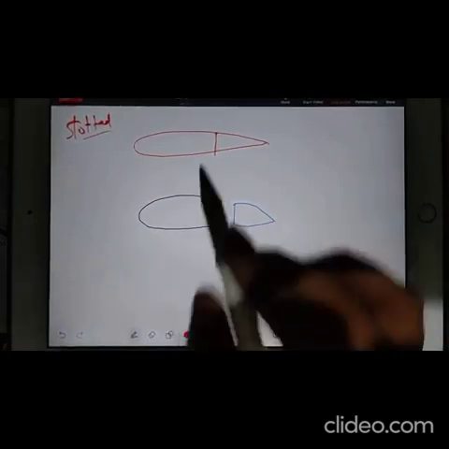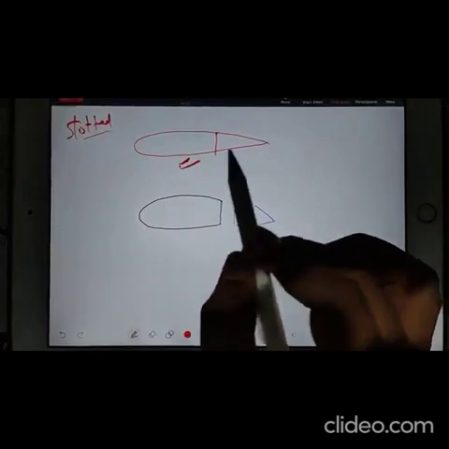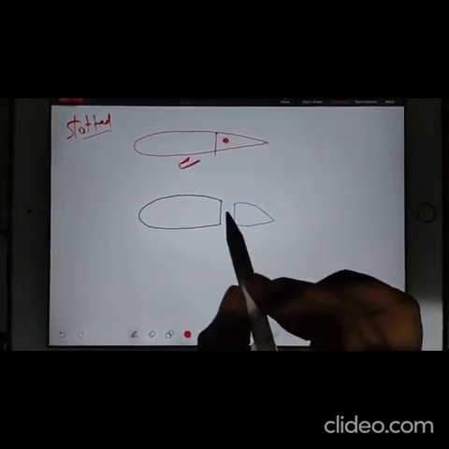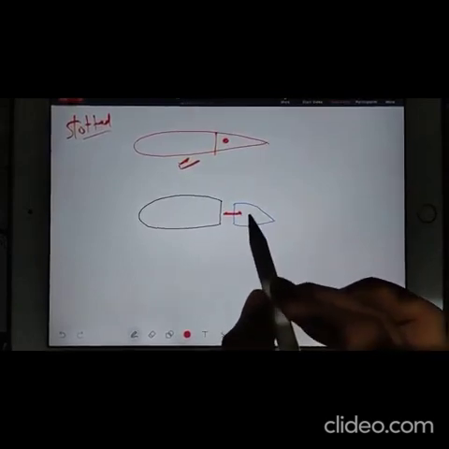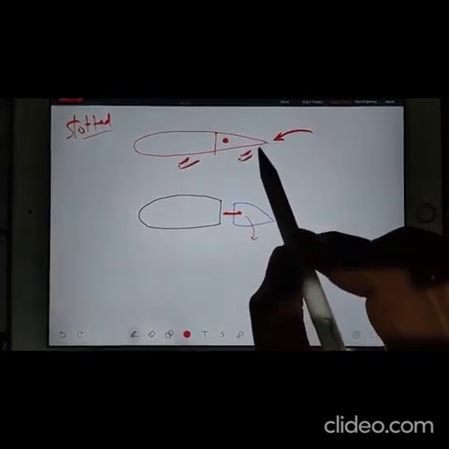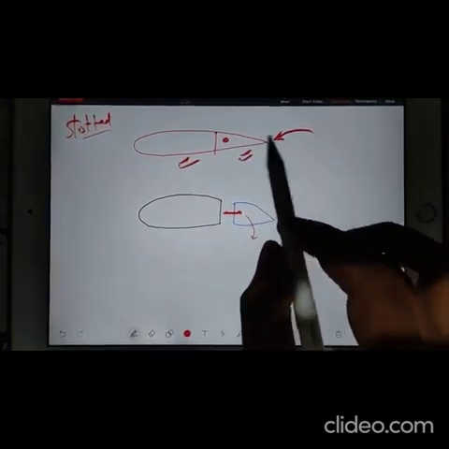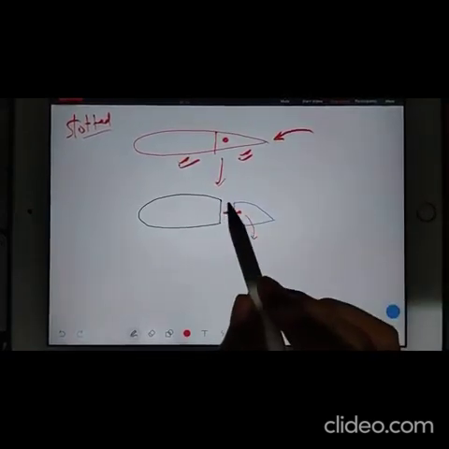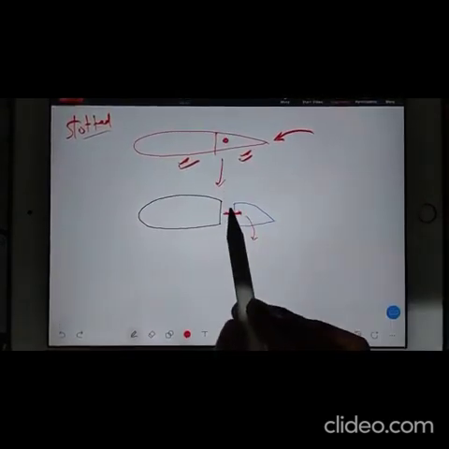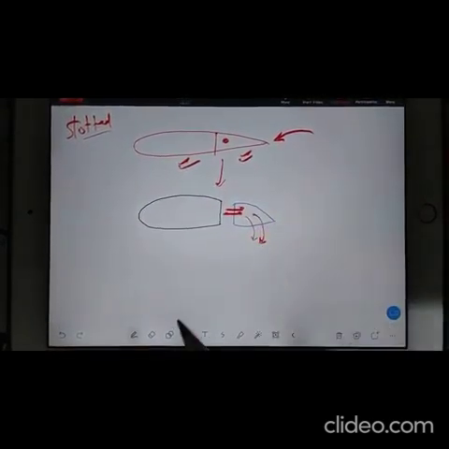Actually, in the beginning, your flap will look like this. But when it operates, first this flap will detach in the air and then it will rotate. Normal flap will look like this, but when it comes under function, it will behave like this. First it will make some slot, and then it will detach from the main body till this much distance, and after that it will operate like this.